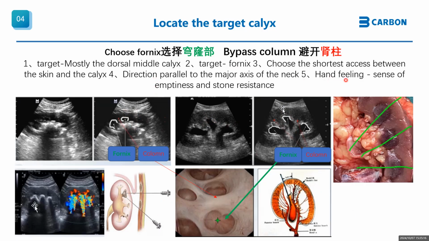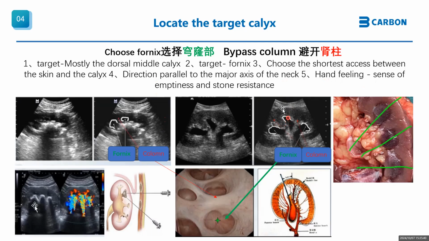And then about feelings, during the puncture the doctor maybe can feel a sudden emptiness. The puncture goes, sudden emptiness. There's water. So if the doctor feels this emptiness, it means the needle has already reached the target calyx.